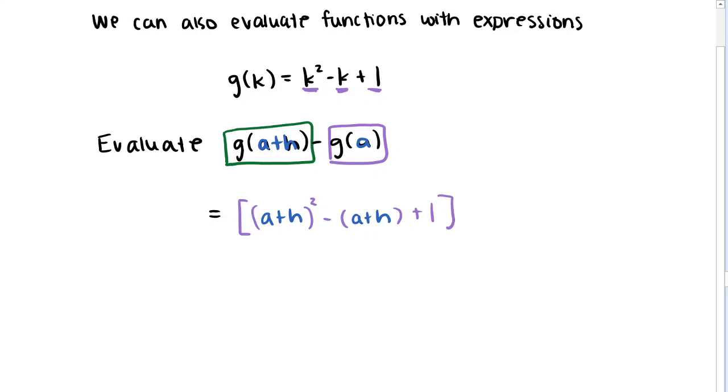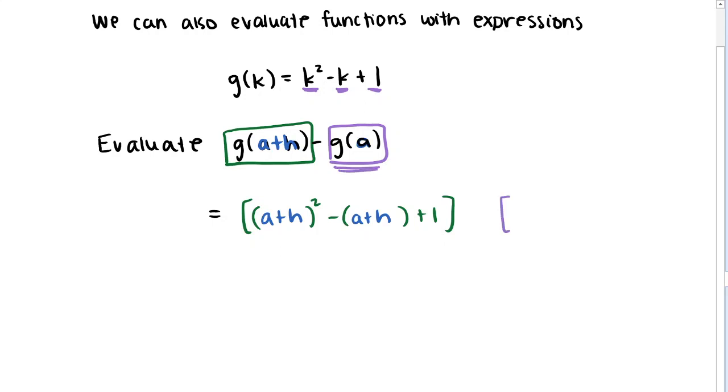Oh, actually, sorry, I reversed the colors. This should be in green. I did this slightly differently in my notes. So here, a plus h squared minus a plus h plus 1. That's this green part here. And then our purple part just amounts to plugging a into our function here.